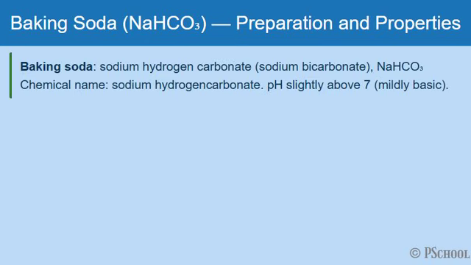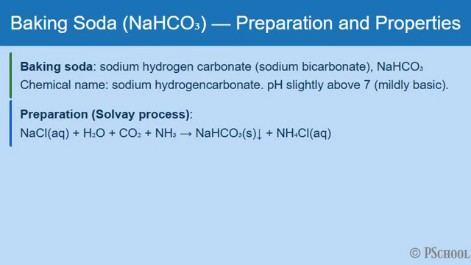Baking soda is sodium hydrogen carbonate, or sodium bicarbonate, NaHCO3. Chemical name: sodium hydrogen carbonate. Its pH is slightly above 7, mildly basic.